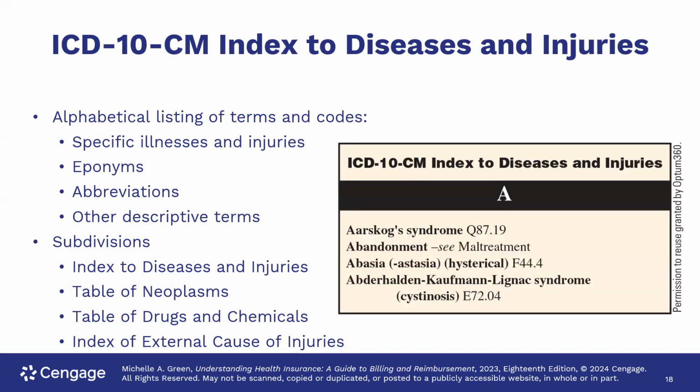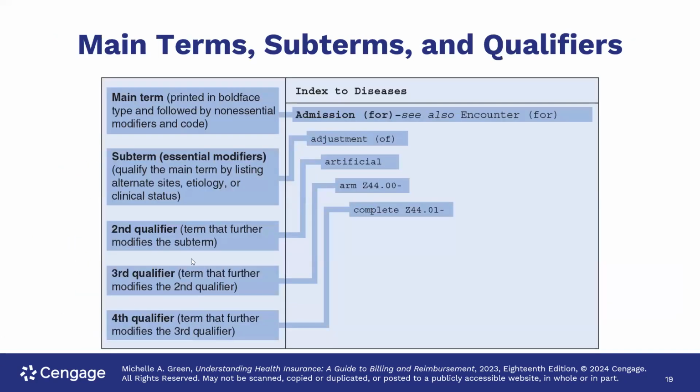And again, here's an example. This is probably old hat to a lot of you who've already seen coding. All the main terms are in bold and in alphabetic order, as illustrated here. We also have a subdivision, if you like to think of it that way: the index to diseases and injuries, the neoplasm table, the table of drugs and chemicals, and the index of external causes. Again, main terms are in bold, and subterms or essential modifiers follow, not in bold, with an indent.